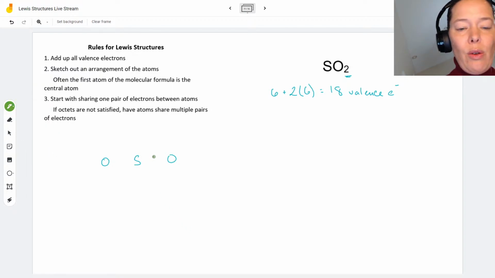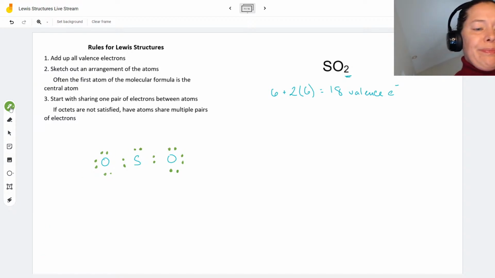All right, so as usual, single bonds first. I've used 4 electrons, 2, 4, 6, 8, 10, 12, 14, 16. I've got 1 more pair to use, so I'm going to put one here on sulfur.